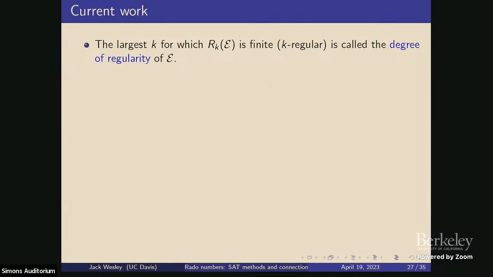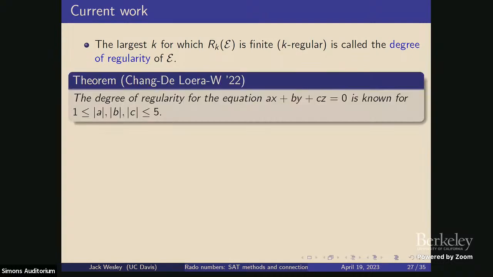So I will say a little bit more about the other half of this paper, which is more mathematical. Another interesting facet of this is the degree of regularity, which is defined to be the largest k for which we get a finite Rado number for a given equation. And this is not so well understood.